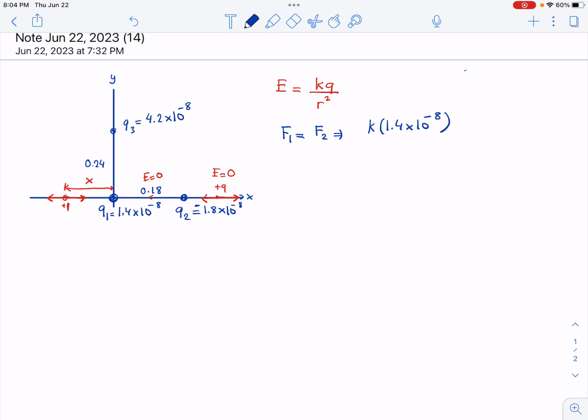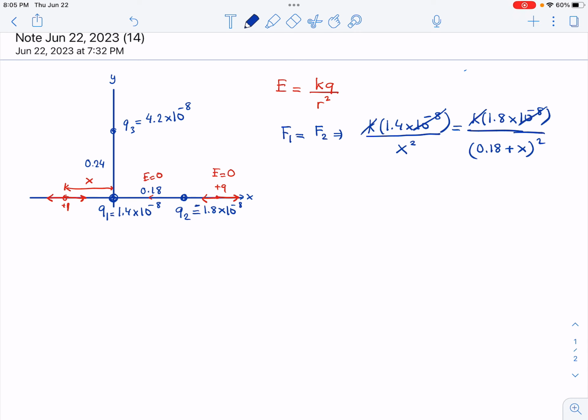By the way, the picture shows negative 8 and your writing shows negative 5, so I went with negative 8 from the picture. Then K times 1.8 times 10 to the negative 8. It's not going to matter here because it's going to go away, but I took that for the entire problem.